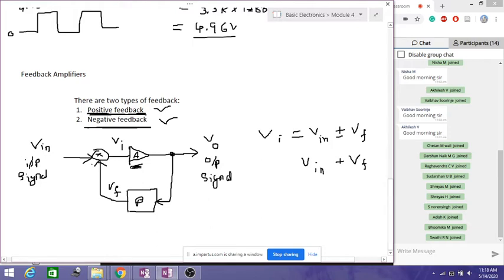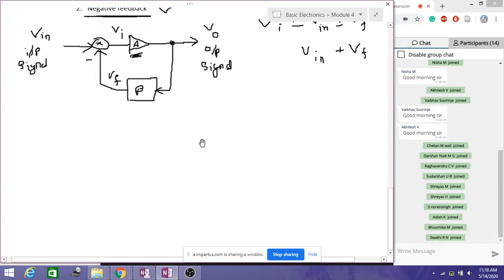Now let's see a little of the basics of the feedback amplifier. With respect to the negative feedback amplifier, I write minus here, which means Vf is subtracted from Vin. Looking at a few mathematical aspects with respect to gain, we define the gain A as Vout by Vi.